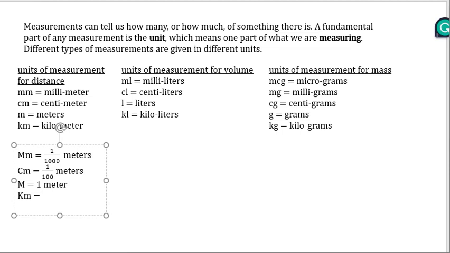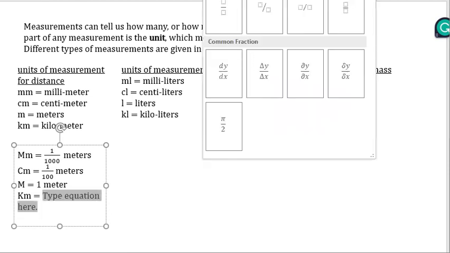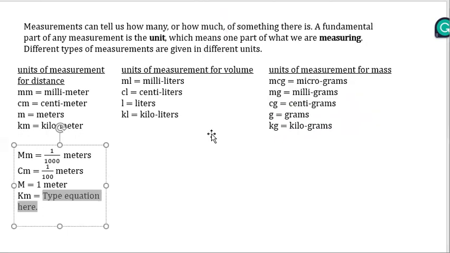Kimoy, what say you? 1,000. Aliyah, you agree with that? 1,000. Correct. So 1,000 multiplied by 1 meter.